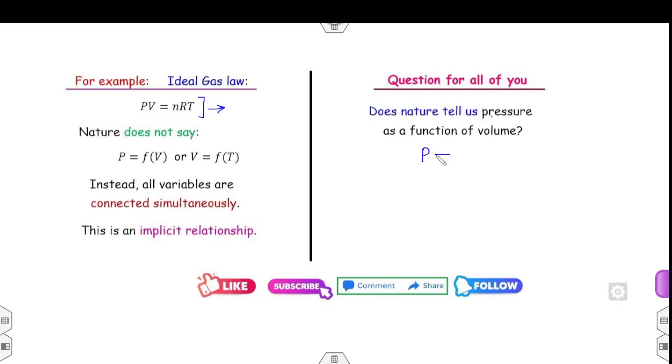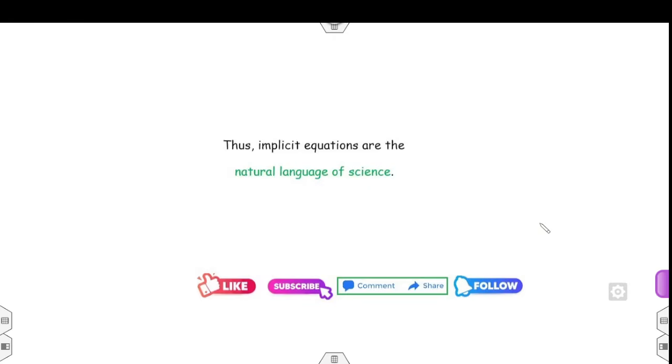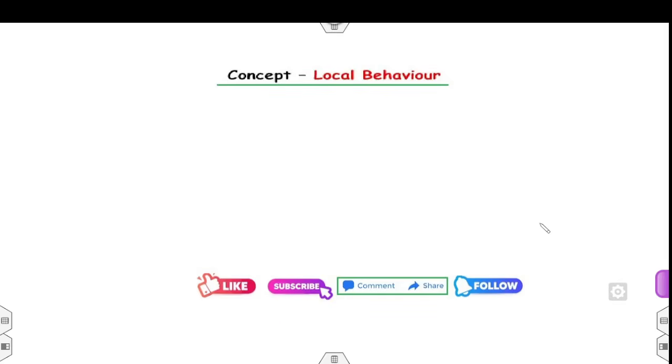If you write it this way, then you can say yes, but this ideal gas equation never says that pressure is a function of volume. It only says PV is equal to nRT. We as human beings choose which variable we solve for and consider the relation. Therefore, implicit equations are the natural language of the sciences.